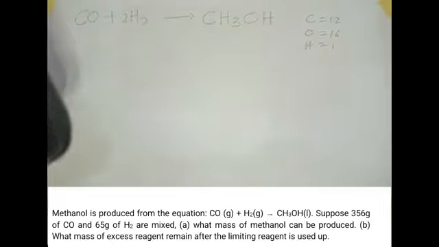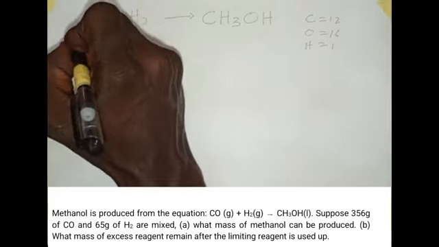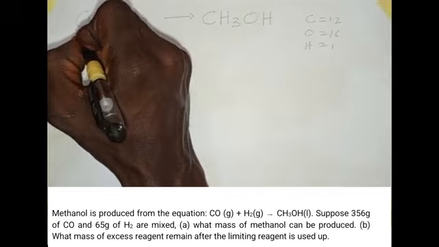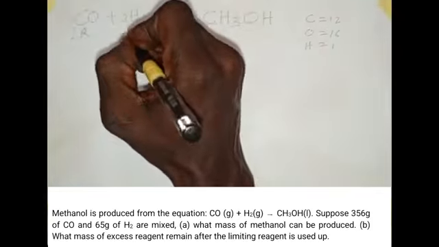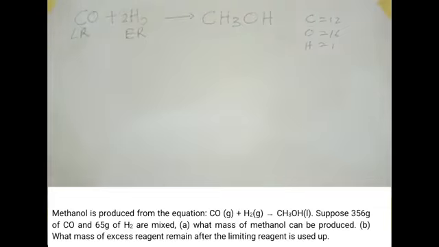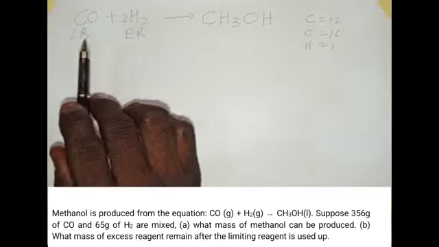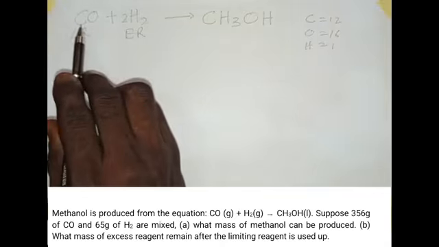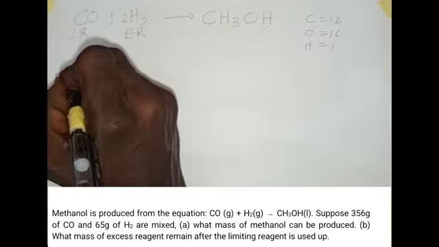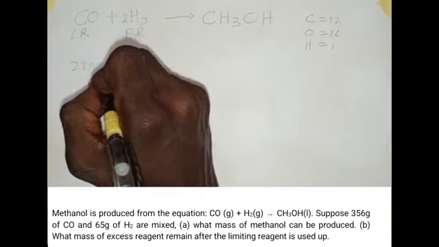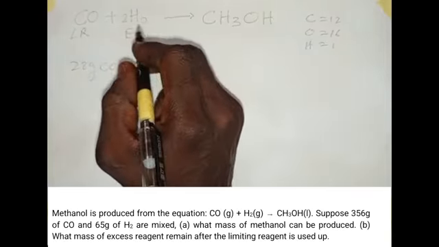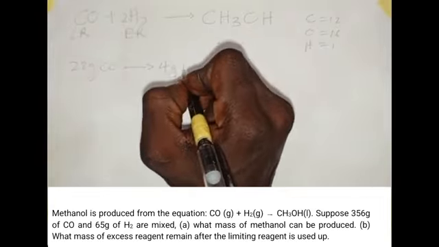So we are moving over to the second part of the question that says, what mass of excess reagent remains after the limiting reagent is used up? Now, this is what you're going to do. We know that our limiting reagent, LR, is carbon monoxide and our excess reagent is hydrogen. So I'm going to relate the limiting reagent with the excess reagent, and this is how I'm going to do it. From the balanced equation, this is 12 plus 16, that's 28. I have that 28 grams of carbon monoxide will always react with 4 grams of hydrogen.